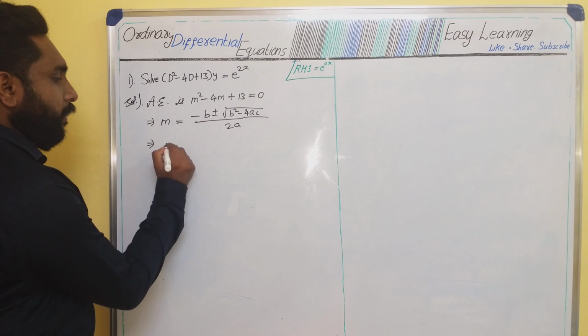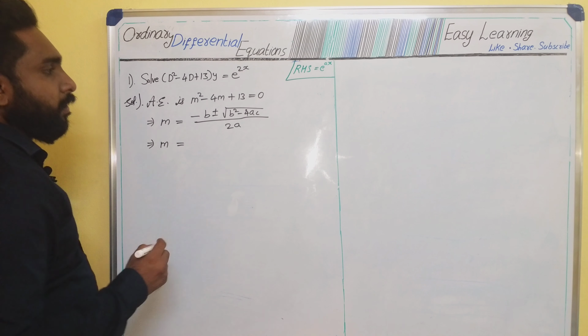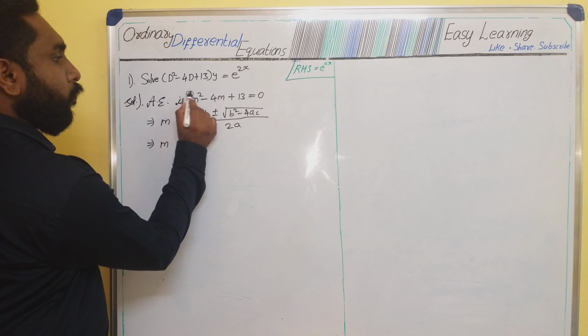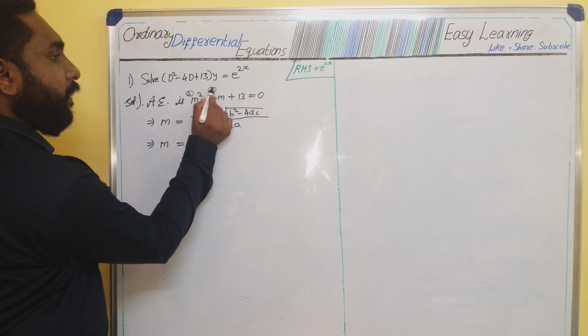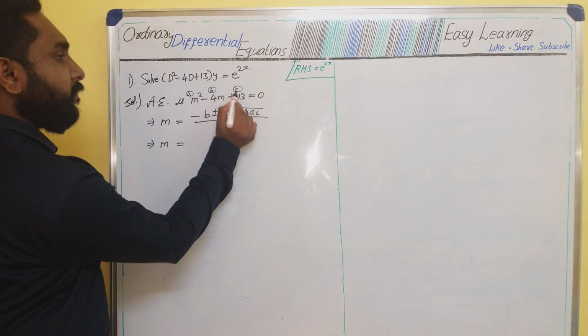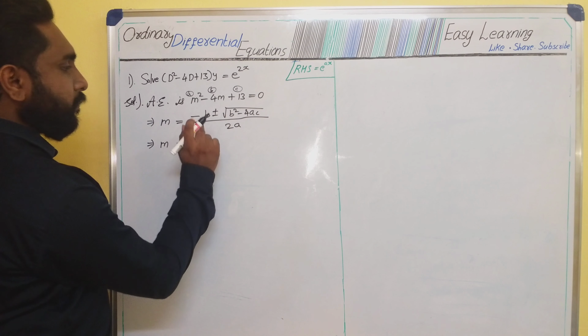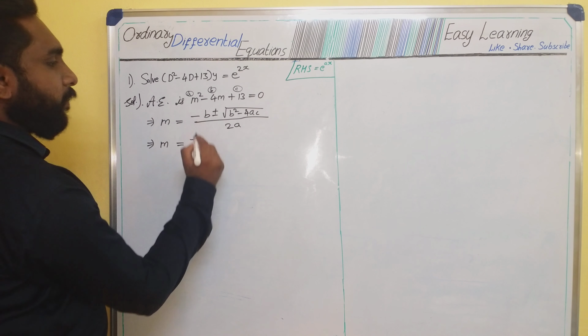Let's substitute the values. As we know, the coefficient of m square is taken as a, the coefficient of m is taken as b, and the last value is taken as c. So minus b. What is the value of b? It's minus 4 here.